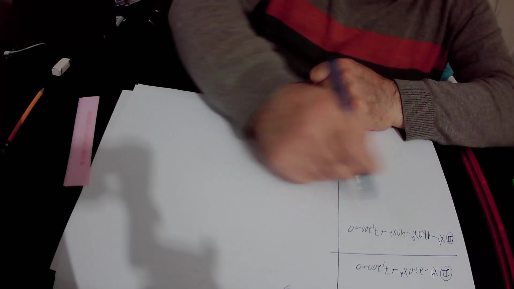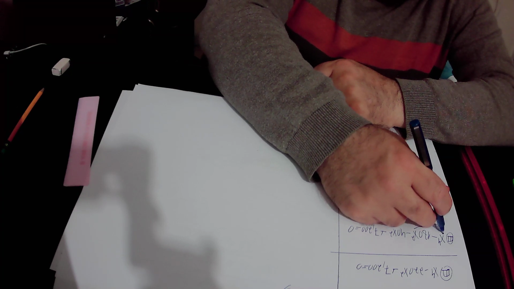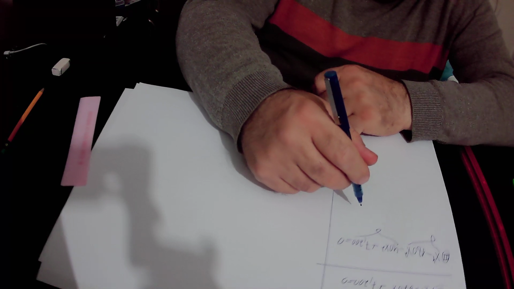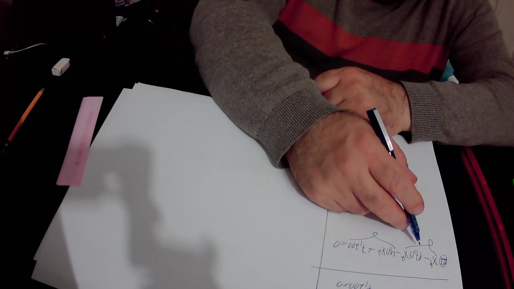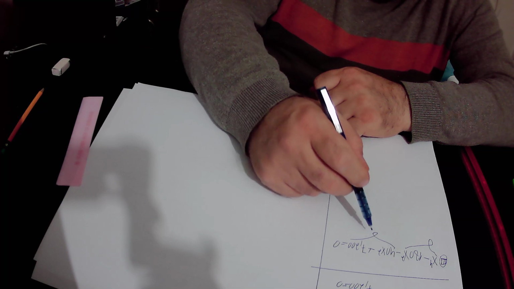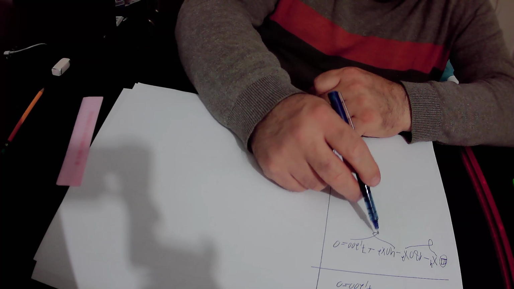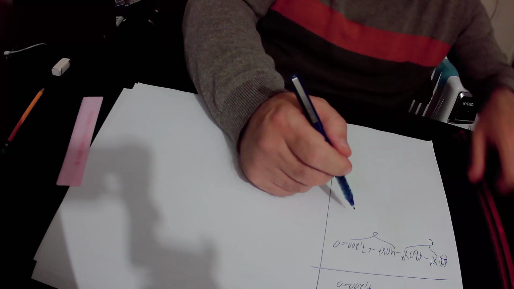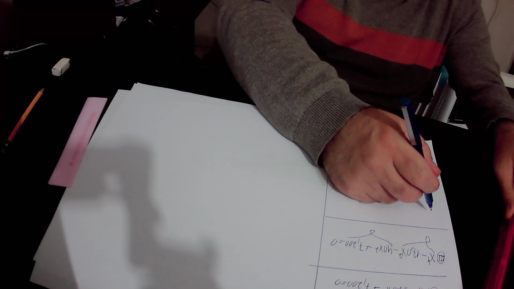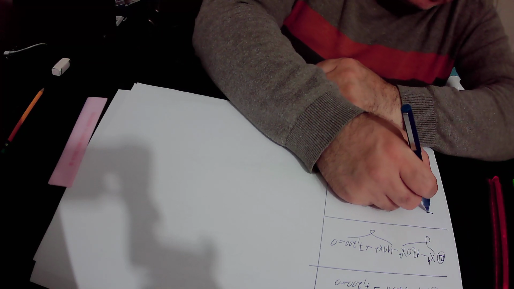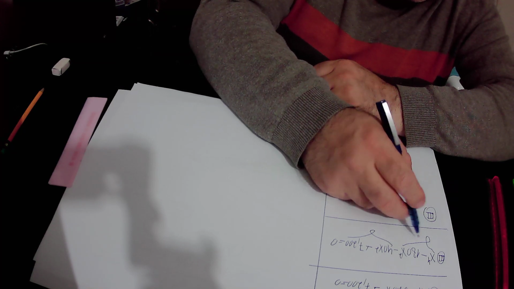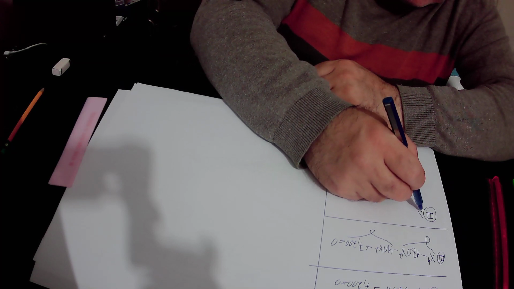Here, from this expression we will take x squared as a common factor, and from this expression we will take minus 40 as a common factor. So here we take x squared as a common factor.